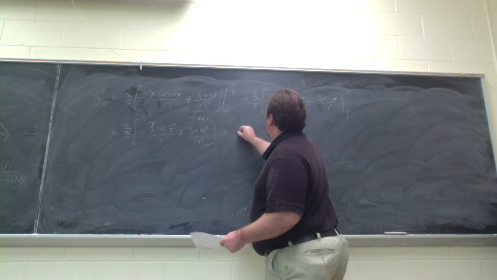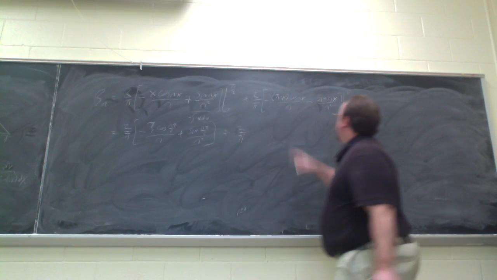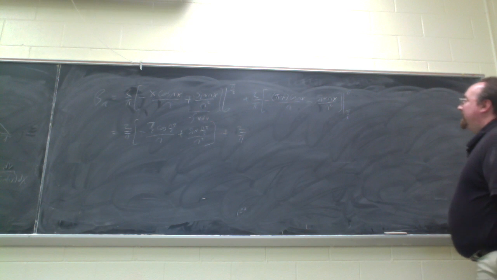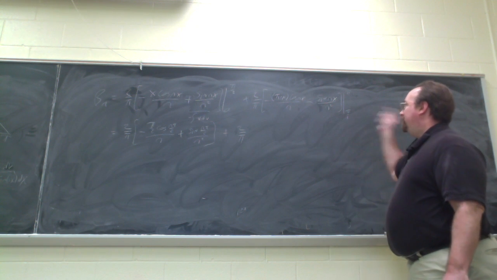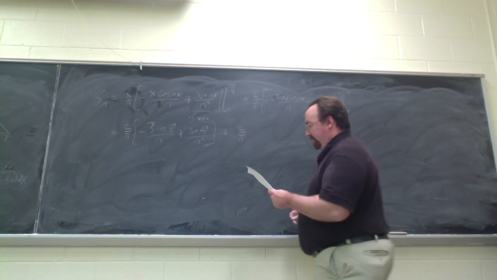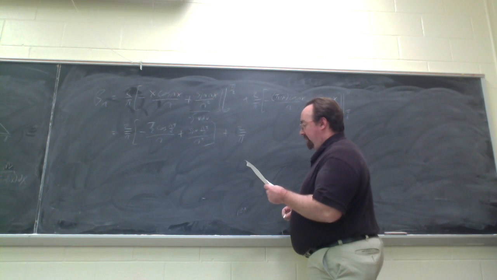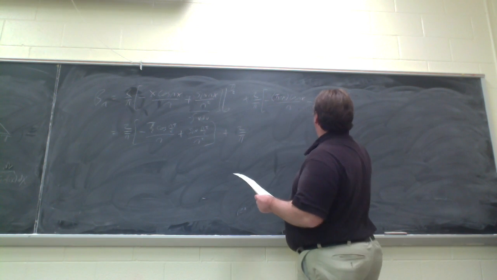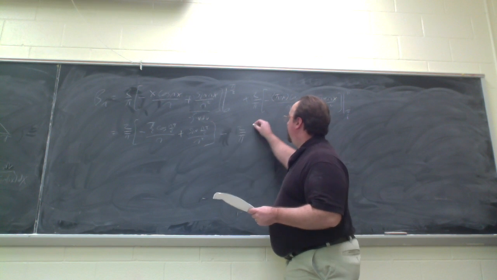And then over here, when I plug in x equal to pi, again, I'm going to get absolutely nothing. There's no contribution. Only when I plug in pi over 2. So that's going to give me actually a minus for one thing.